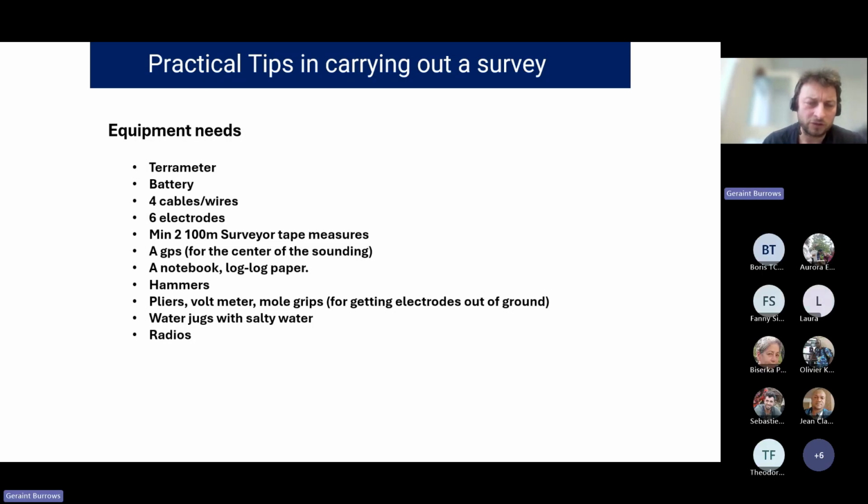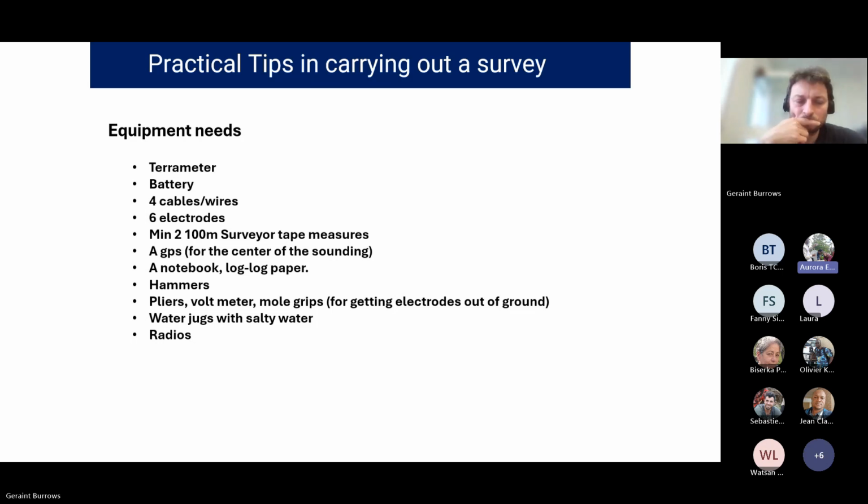So we've talked a little bit about what equipment is required to do a 1D survey. Oh, Aurora, I can see your hand's gone up. It's just a comment that it's a bit disappointing, all these things that you are saying, and yes, as you are saying, we need to complement with other information such as existing boreholes.